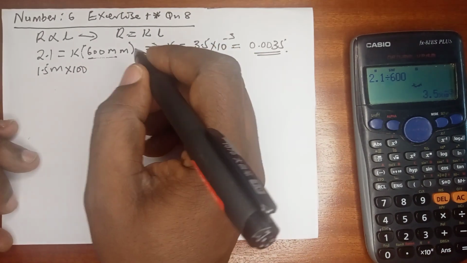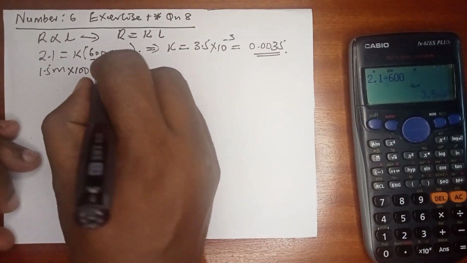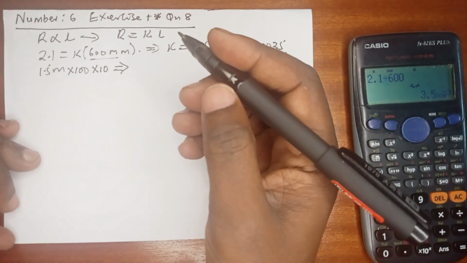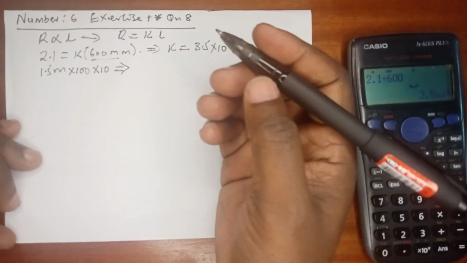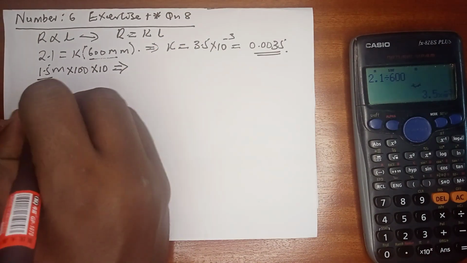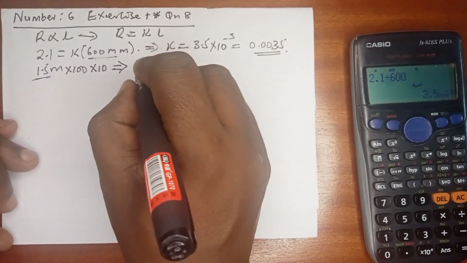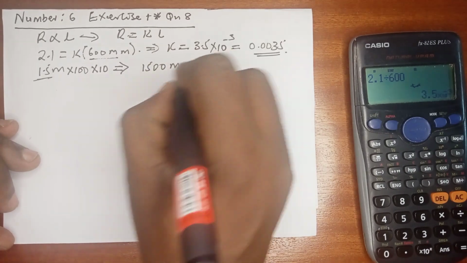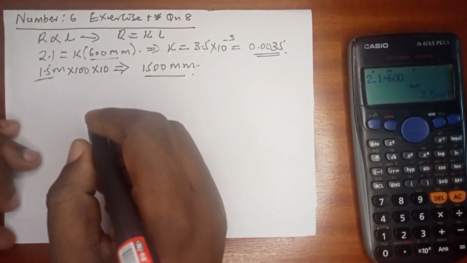To make millimeters, we multiply by 10, because we have 10 millimeters in 1 centimeter. This makes the whole thing 1.5 times 1000, which is 1500 millimeters. And now we have our length in millimeters.